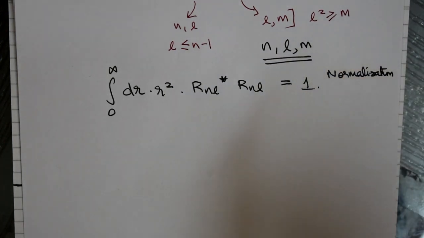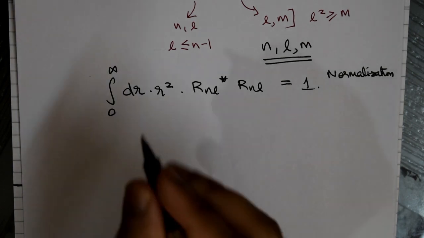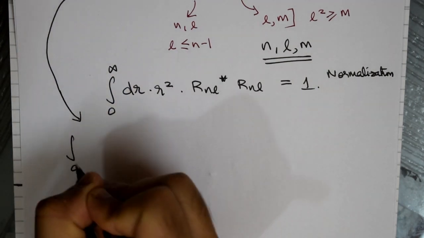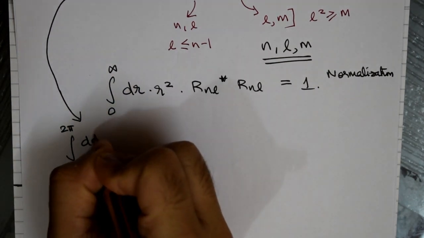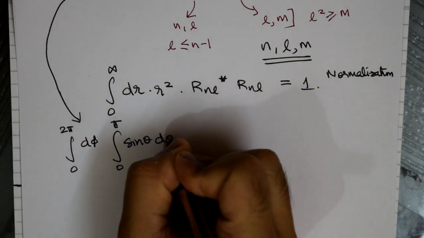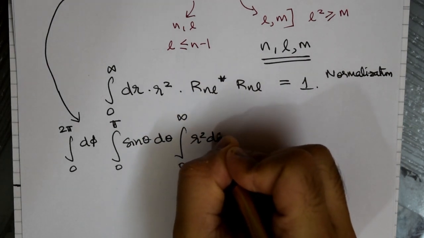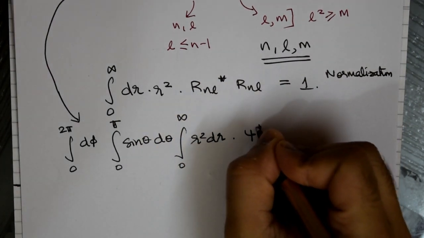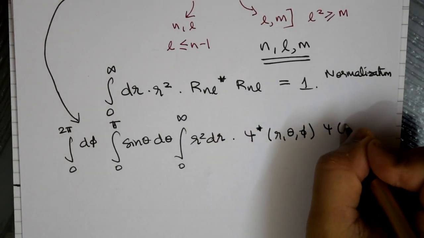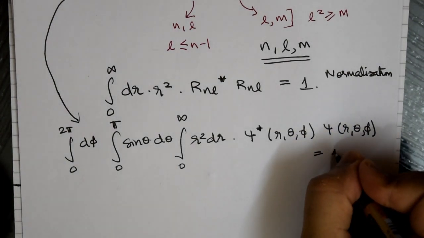Of course, we had written the normalization constant in the generic equation. And when you want to write psi altogether, this is how it's going to look: integral 0 to 2 pi d phi, 0 to pi sine theta d theta, 0 to infinity r squared dr, times psi star of r theta phi times psi of r theta phi is equal to 1, right?